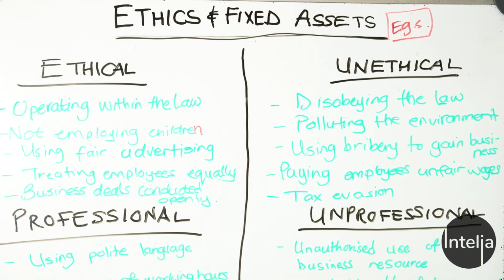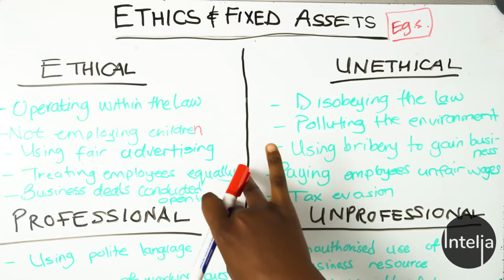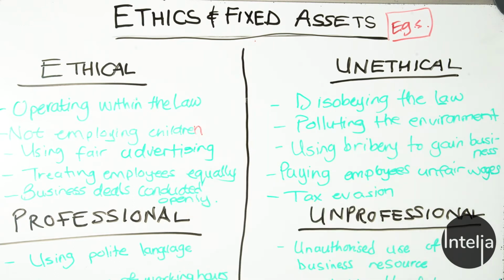Some of the ethics you learned in grade 11, like being timely, and another ethic is transparency. You can remember that list: transparency, consistency. There were a lot of those, but this falls under being transparent.